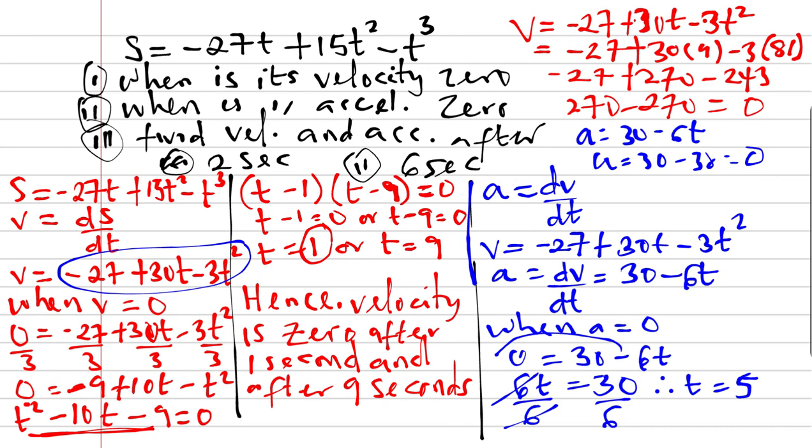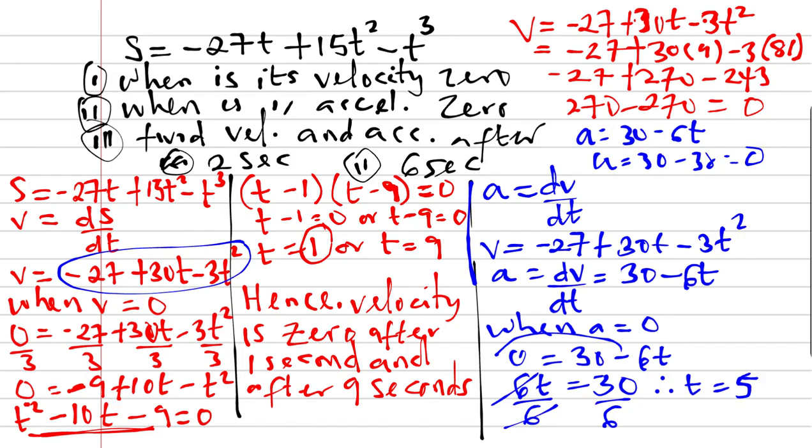Now, for our third part, the question says, find velocity and acceleration after 2 seconds and after 6 seconds. So look at, you've gotten your velocity to be minus 27 plus 30t minus 3t squared.